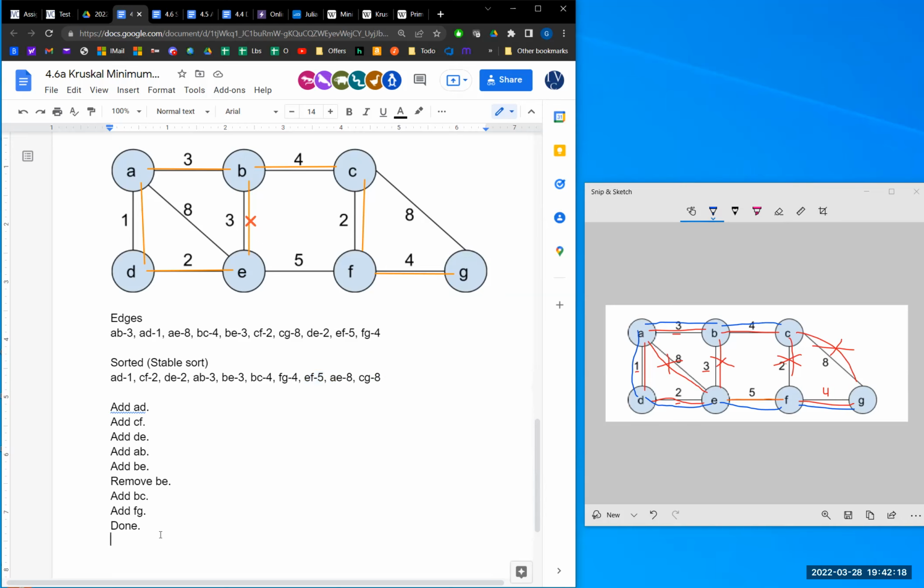If there are multiple duplicate weights, it is possible for there to be more than one minimum spanning tree.